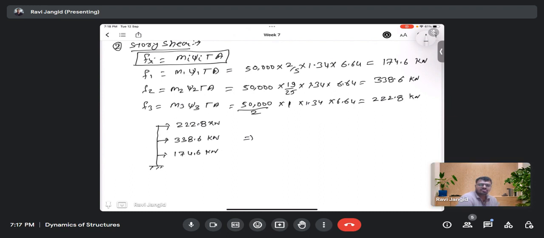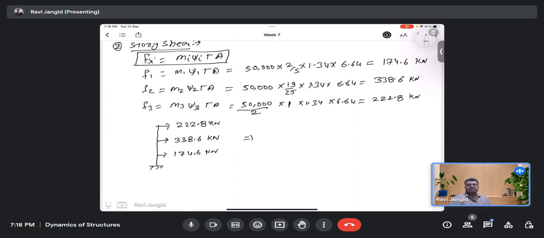Suppose I want to conclude based on story forces, can we adjust this mass? The first force is 222, and second is 338 and 174, right? Is there any requirement like increasing or decreasing order? Can we say any statement? No, these are the forces.